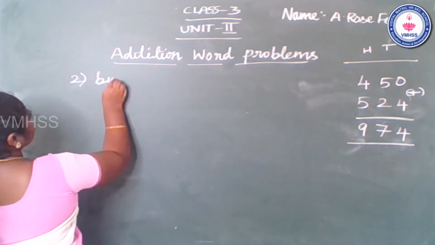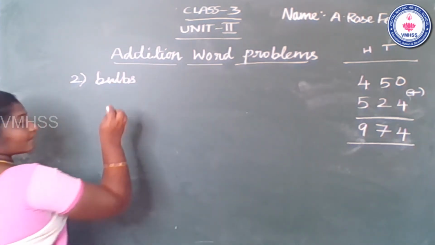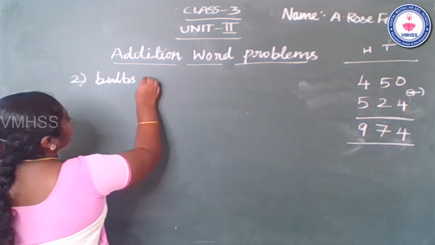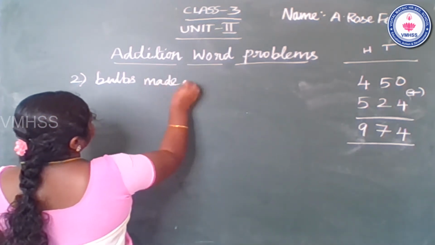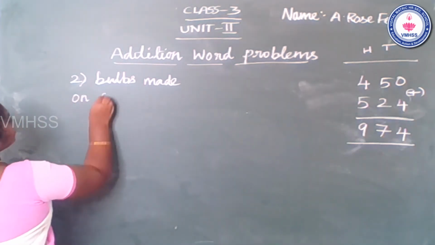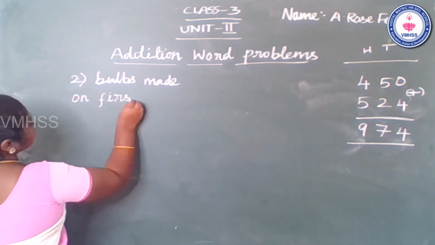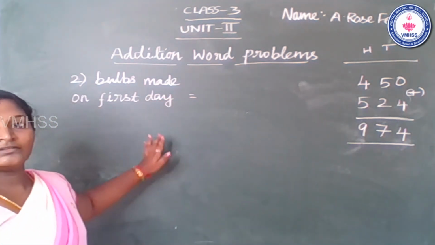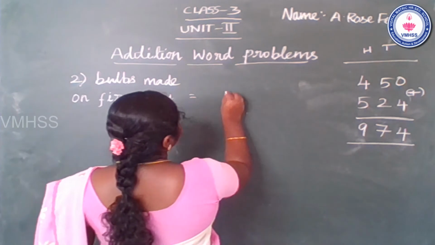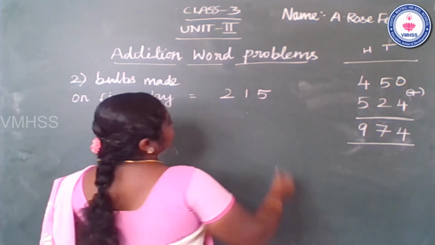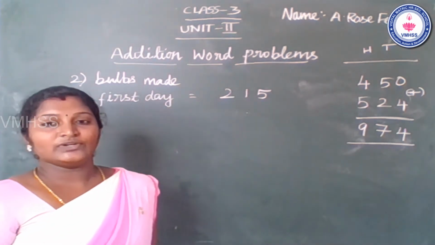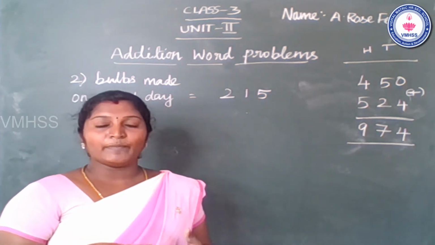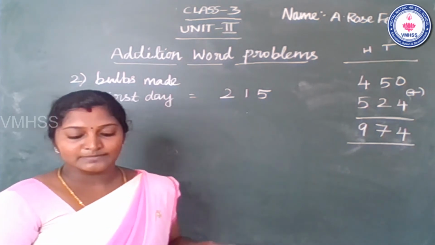Bulbs made on first day. How many bulbs? Very good. 215 bulbs. Okay, students. So next, read the second line. Second day it made 357 bulbs.